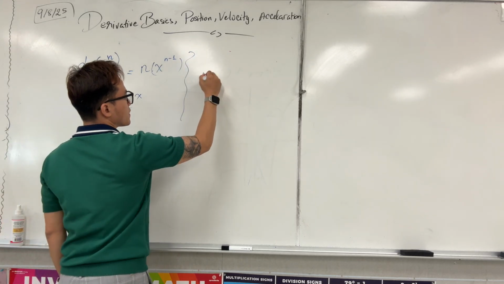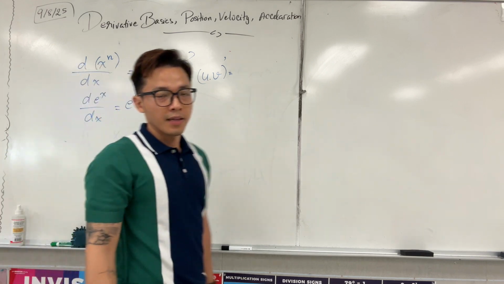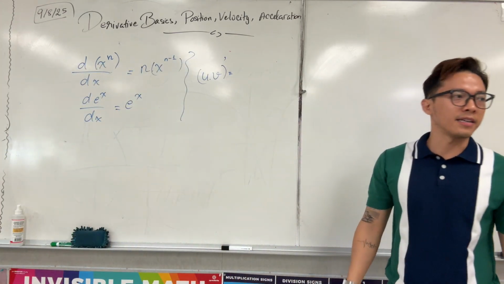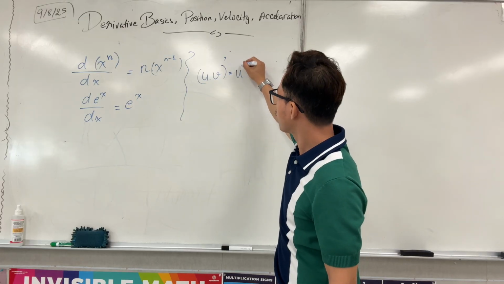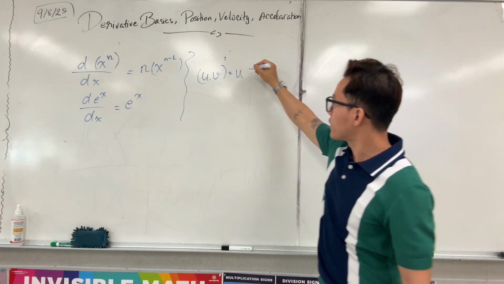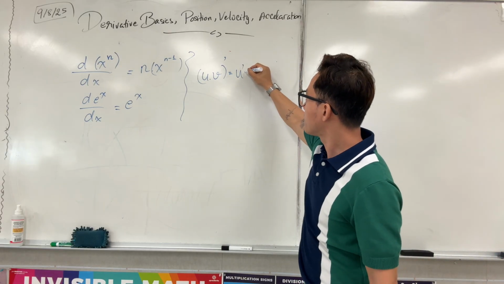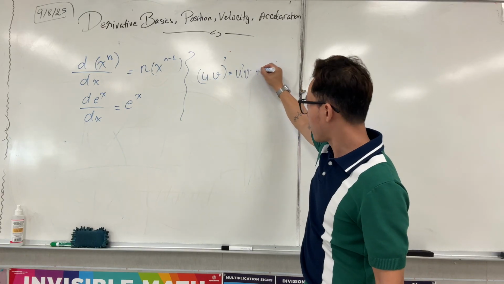Product rule. The derivative of u times v is u prime times v plus u times v prime.